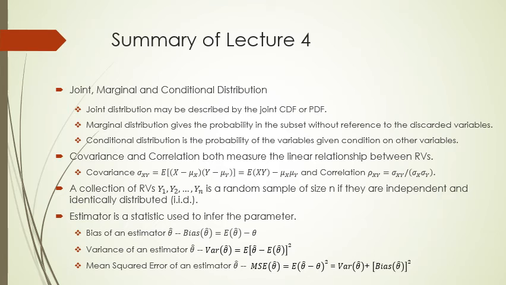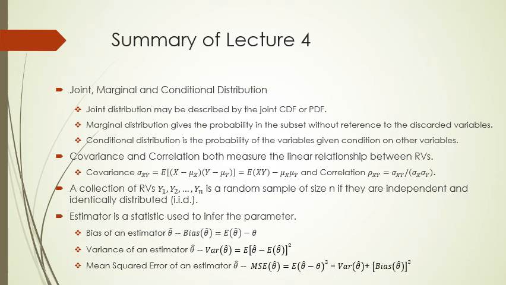The marginal distribution gives the probability of the variables in the subset without reference to the discarded variables. The conditional distribution is the probability distribution of the variables given condition on other variables.